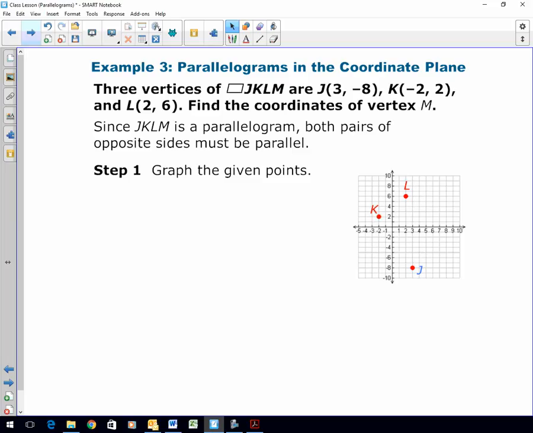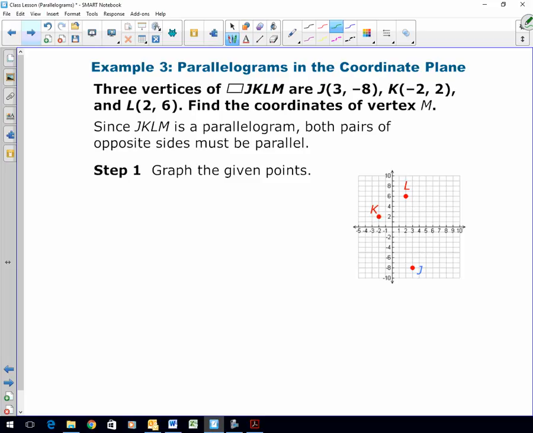Instead, we have this little thing called the slope formula. What is the slope formula? Rise over run. Change in y, change in x, right? But when I've already graphed the points, it makes it easier. What is the change in y here?